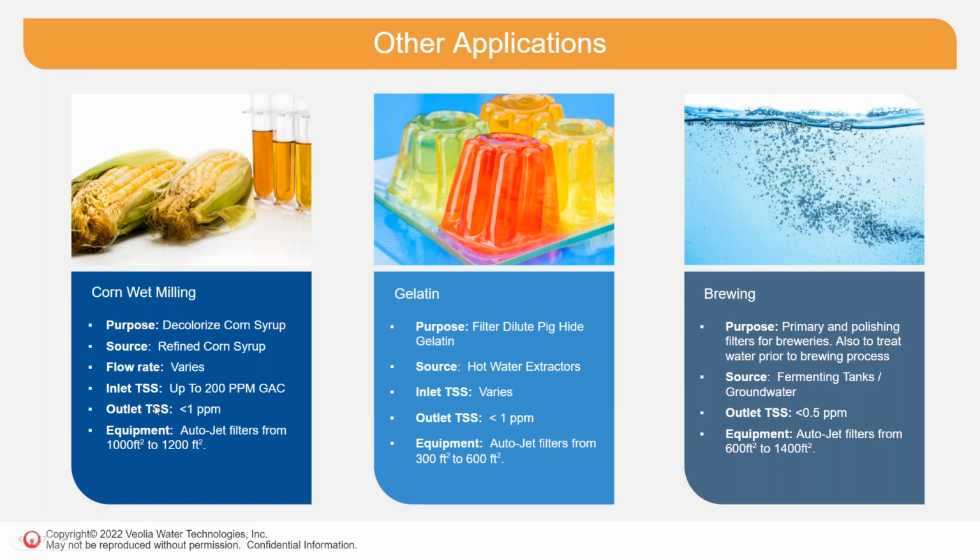And you can see in all of these, the outlet solids were able to achieve less than 1 ppm, or some of them less than 0.5 ppm. And we have various sizes of Auto-Jets installed in each of these applications.